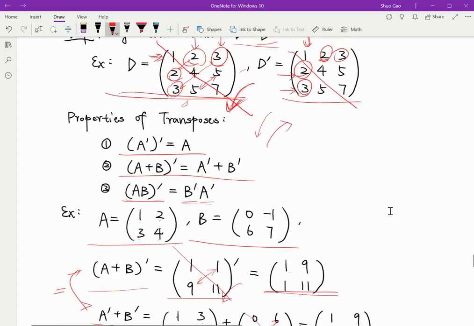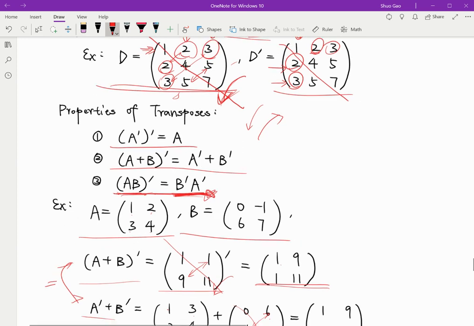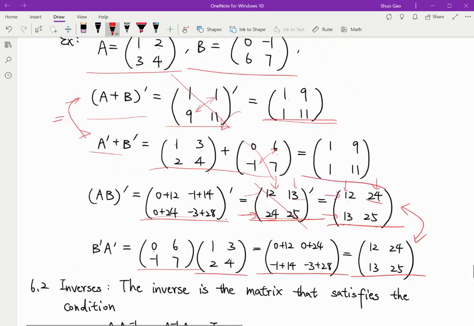So just pay attention that when you calculate the transpose of the product A times B, it's not equal to A transpose times B transpose. You have to change the order from AB to BA, transpose both and then multiply together. This is sometimes confusing, but you have to remember that clearly. So these are some of the properties of the transpose.